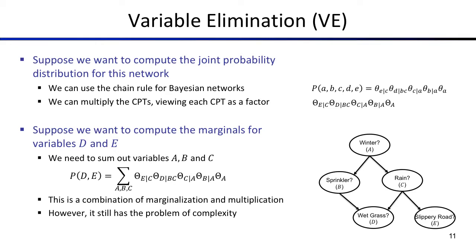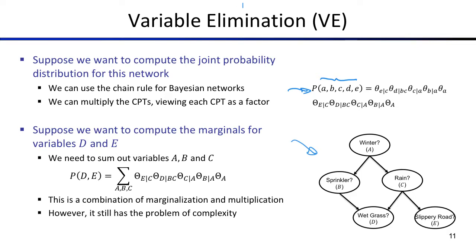If we look just for one assignment, the chain rule has this form here, right? So we take values for the variables that we have. Let's use as an example this network here, and in this case we have the variables A, B, C, D, and E. We take one assignment for these variables and we multiply the conditional probabilities that we have in each node.